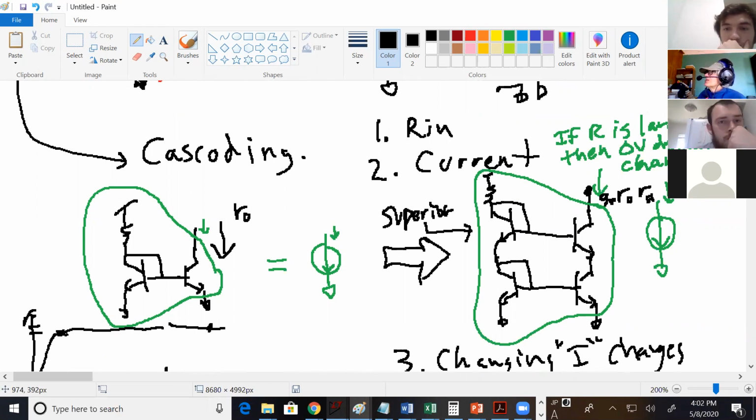Can you think of? Oh, go ahead. So does the more transistors that you cascode, the better the current source it becomes? Yes. No, if you work it out, I did it a long time ago and I haven't been brave enough to do it since, but I stacked 3 transistors and tried to do the small signal analysis and I got an RO cubed for MOSFETs.